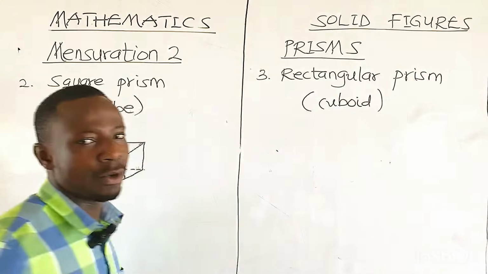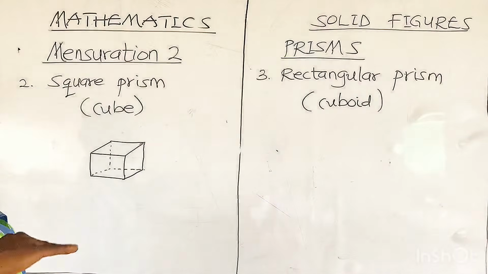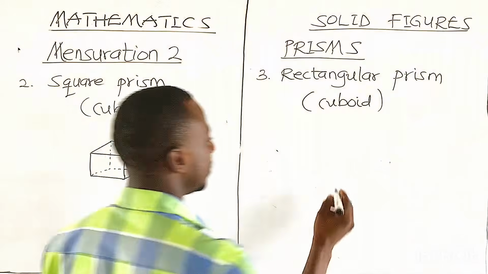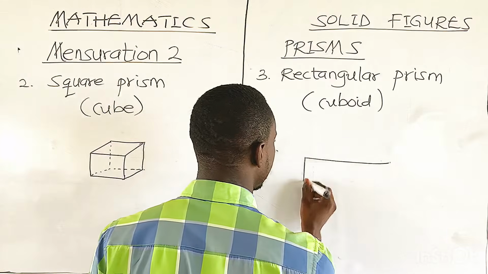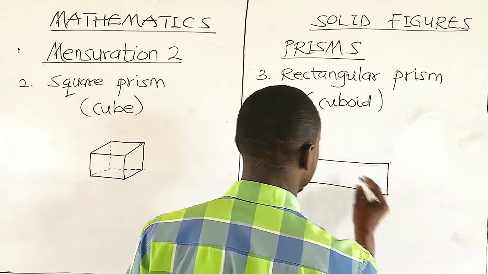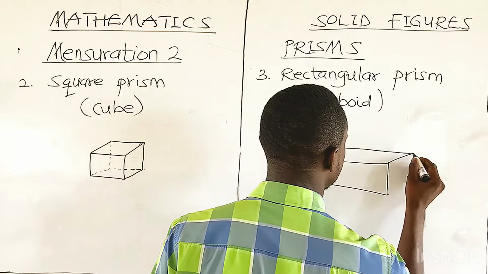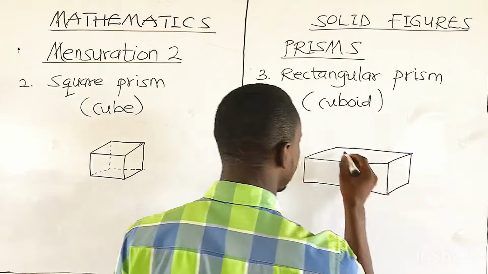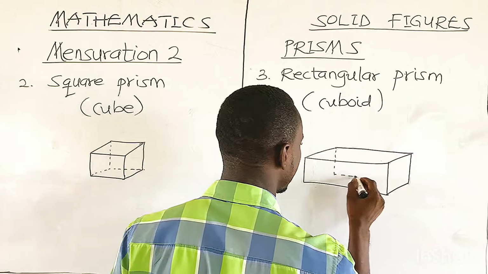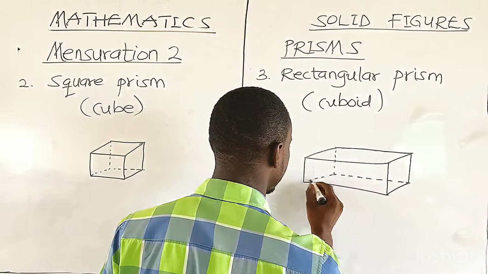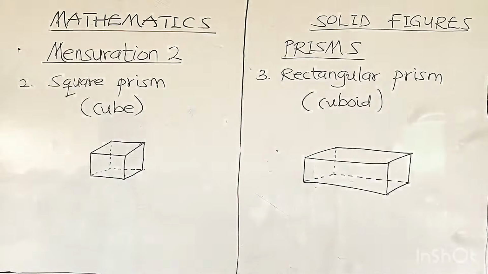Every cuboid has a rectangular top as well as a rectangular base. So this is a cuboid.